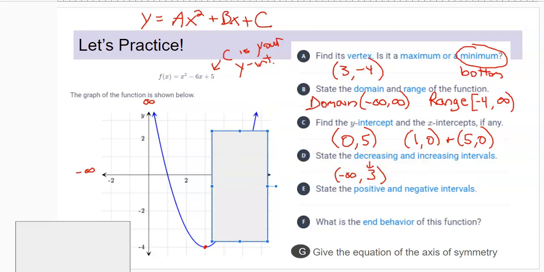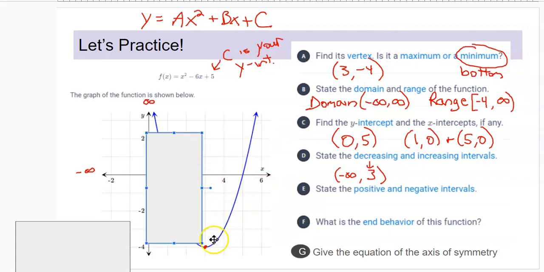The interval of increase, increasing from here all the way. So this is 3 again. Remember I told you it has to match. From 3 to positive infinity. We don't care how high or low it's going here. We're just looking at where it's increasing or decreasing.